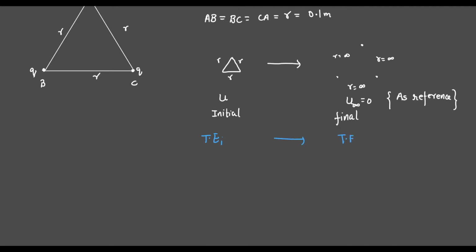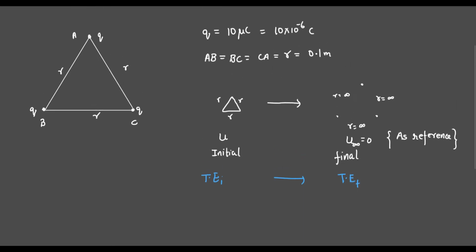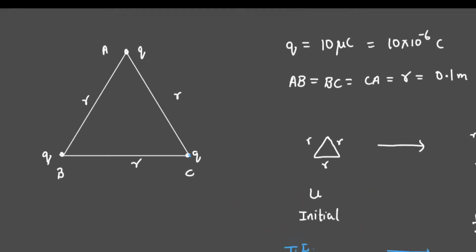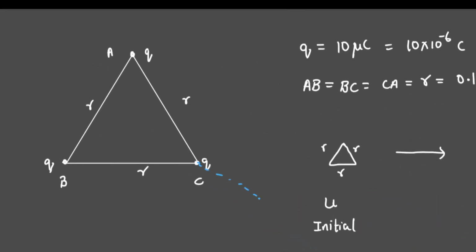Now, this transition from T initial to T final is not happening by itself. The charges are going to infinite distance away not by themselves, rather a man is pulling them away. If we let the charges move freely, they will be pushed apart in this direction, away from each other, to infinite distance by themselves.